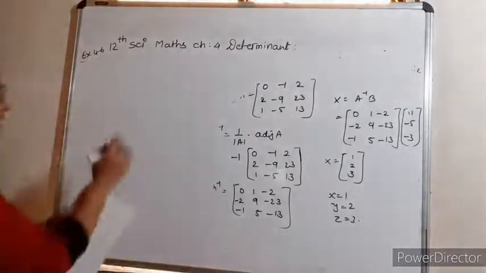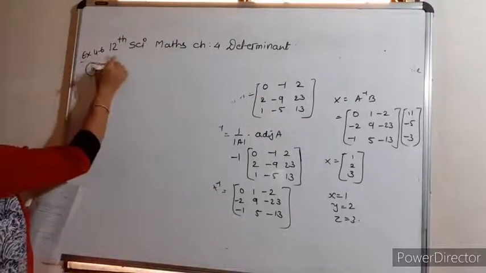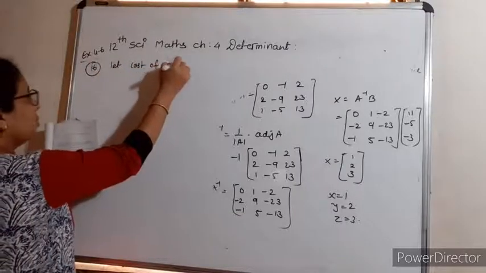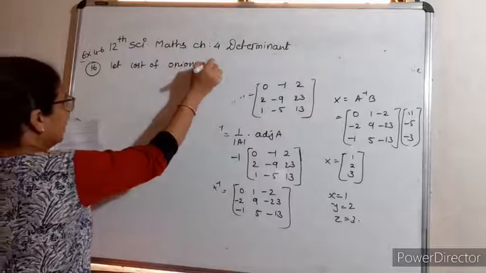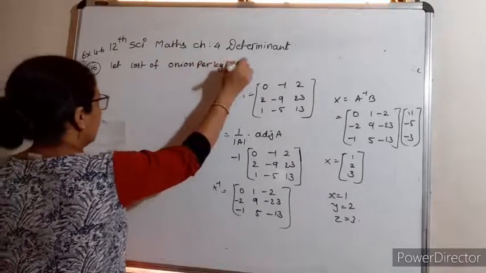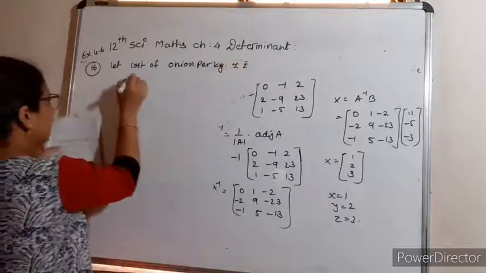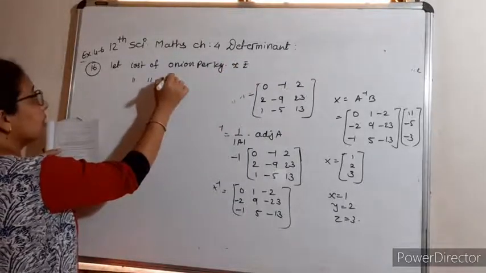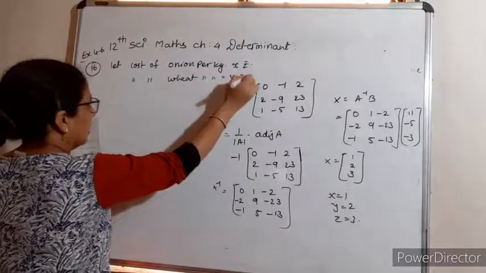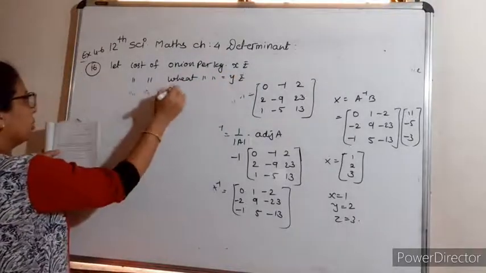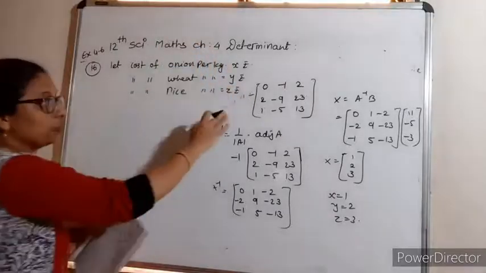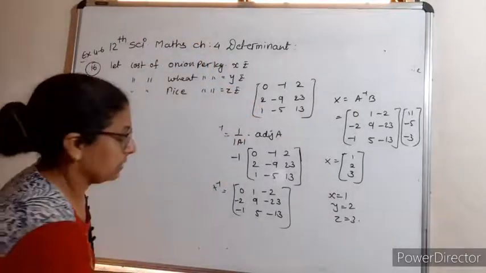So here we will write, let the cost of onion per kg be X rupees. Then the cost of wheat per kg is Y rupees and the cost of rice per kg is Z rupees. We will take that.